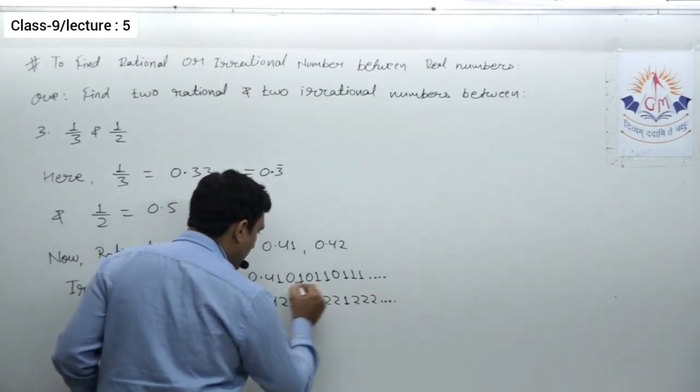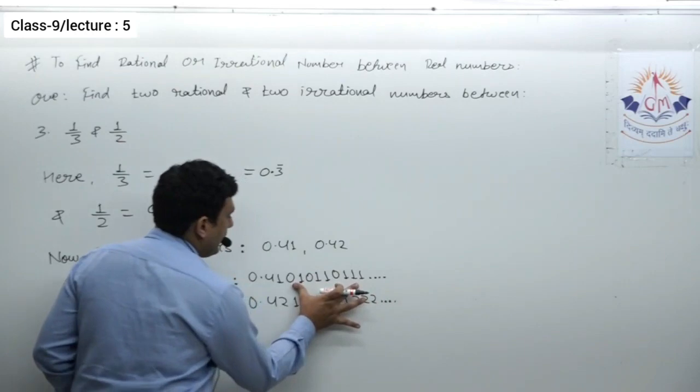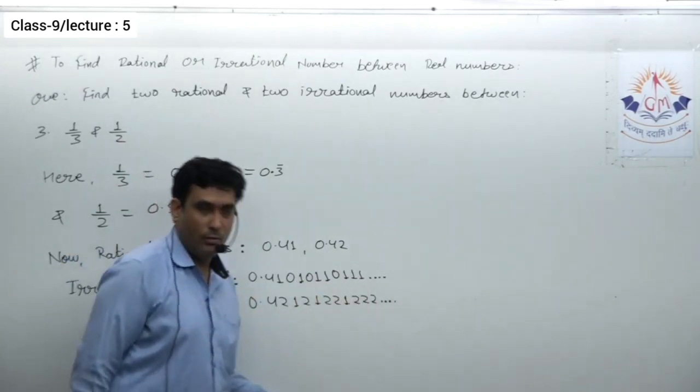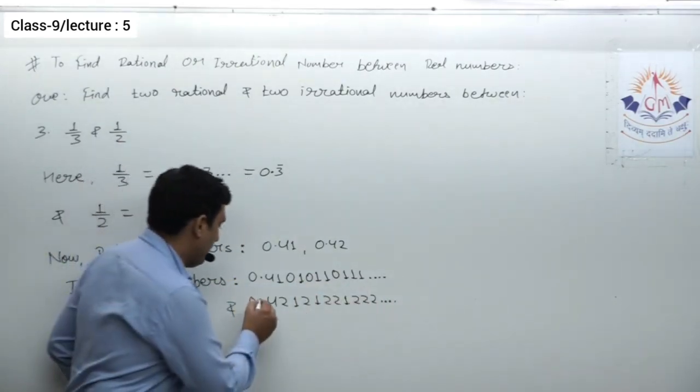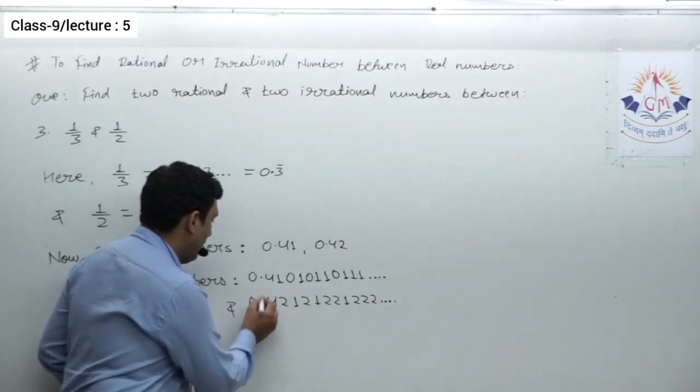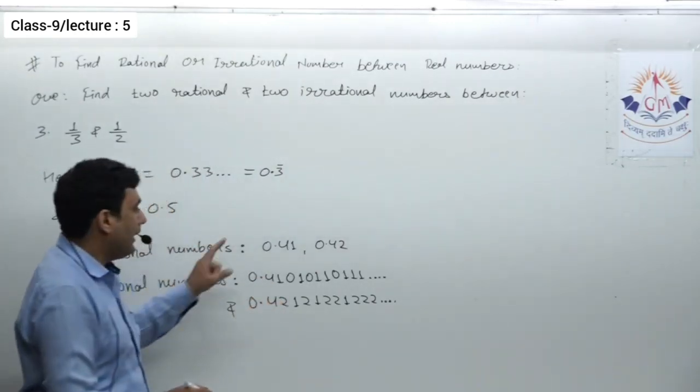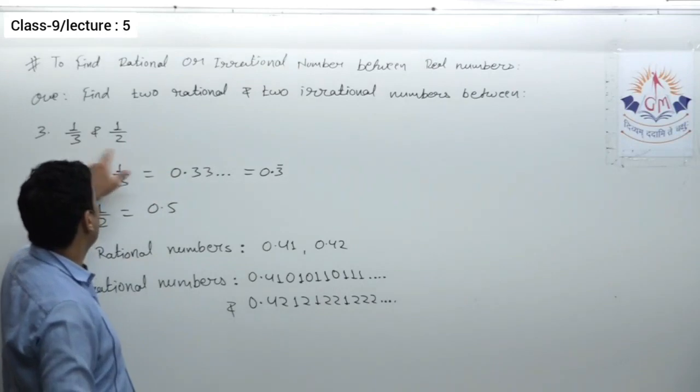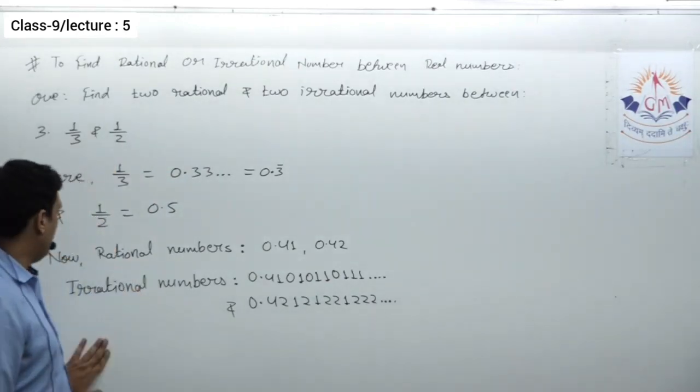If you want to keep this string of numbers as it is, it is also okay. That works as well. Okay, so here I gave you the two rational numbers and two irrational numbers between the given set of numbers. So please note it down.